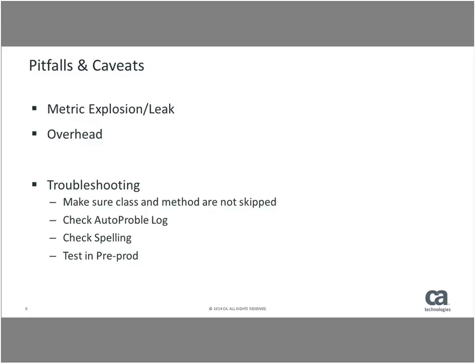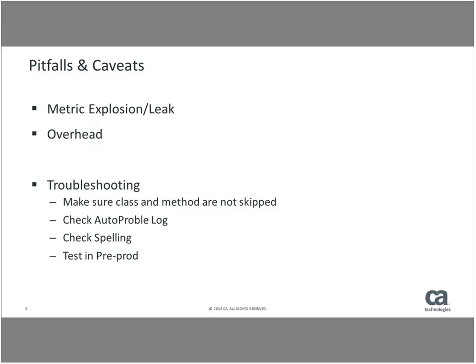You could see a whole lot of metrics showing up on the investigator tree. And that obviously could lead to other issues. Right? So you have to be extremely careful about what you instrument.